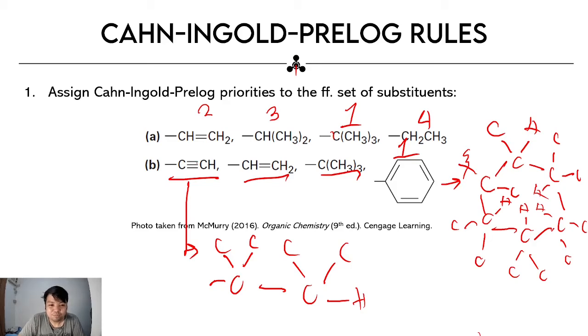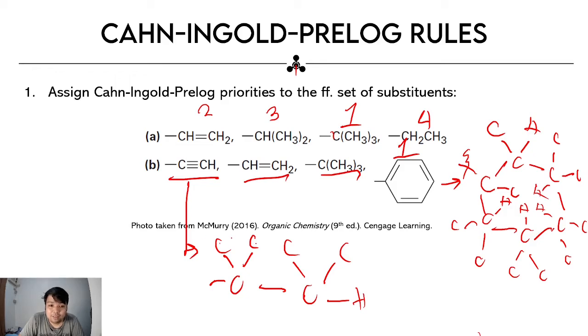Now this carbon here, since this is lower in priority than this one, and if you see here, this compound's first carbon is attached to 1, 2, 3 carbon atoms, while we have seen that this one is attached only to 2 other carbon atoms and 1 hydrogen atom.